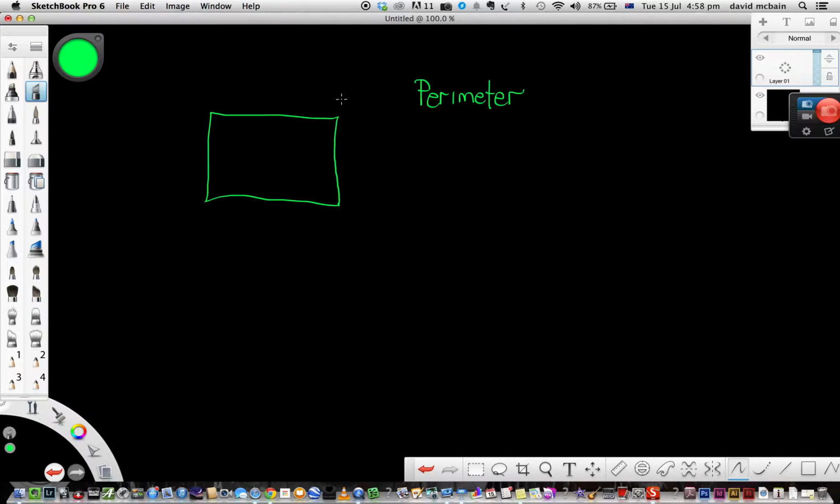So in other words, if you were to walk around the outside of the shape, it would be that distance plus that distance plus that distance plus that distance. So you add all those four together.